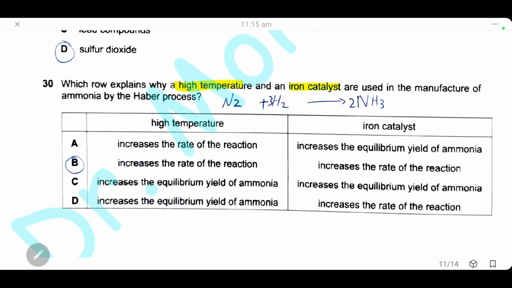We use high temperature to increase the rate of reaction, of course, and the catalyst to increase the rate of reaction, because the catalyst has no effect on the equilibrium yield, so all these other statements are wrong. It only increases the rate of reaction, and the high temperature is also for increasing the rate of reaction, so the answer is B.